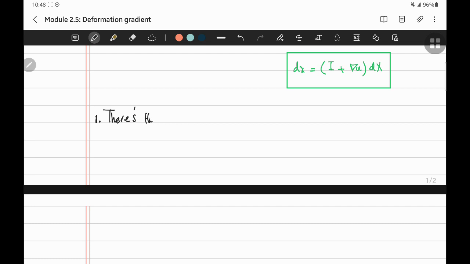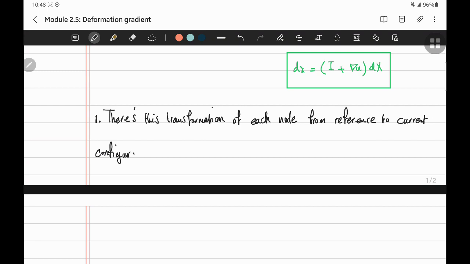So there's this transformation of each, let's say, node or particle from reference to current configuration and vice versa.